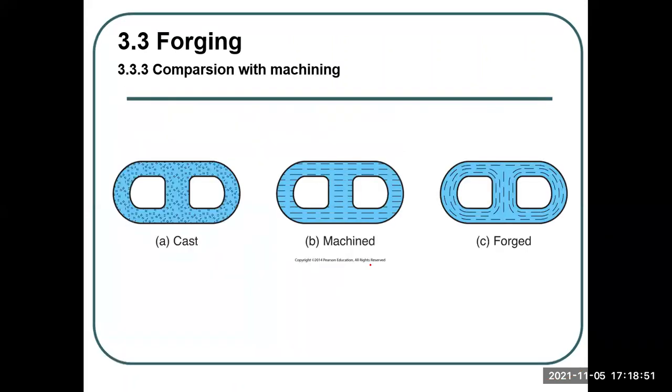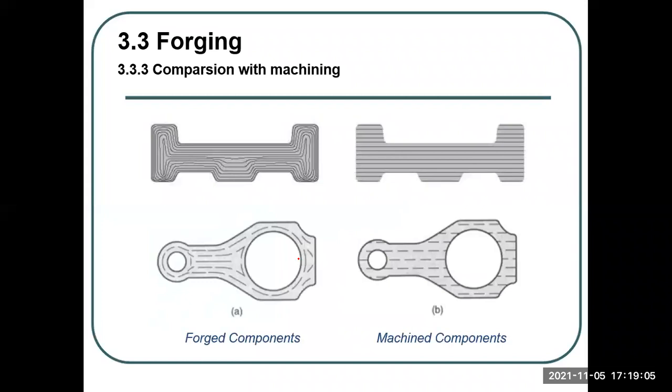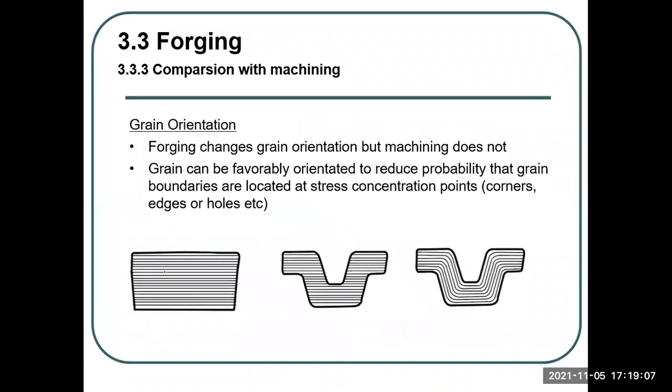Okay. And also we said if you compare with machining, you can see this is the grain flow in forging, right? So you can really change the grain flow. As we have already seen this one, right? You start with this one, but this one is definitely a machined one, and this one is a forged one.